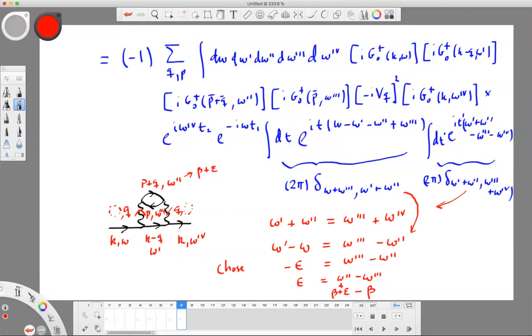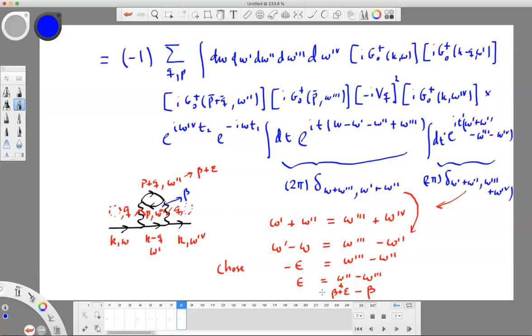And this triple prime here, I'm going to call beta. This is what I call them here.